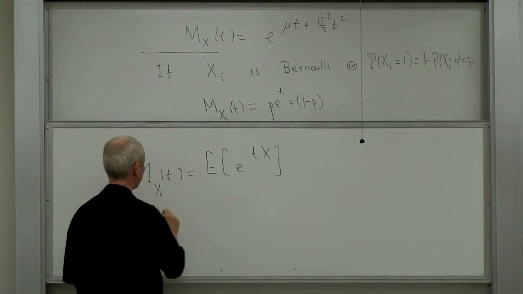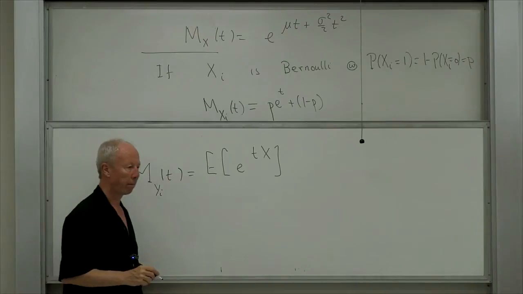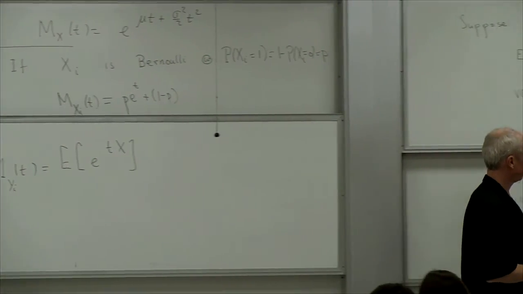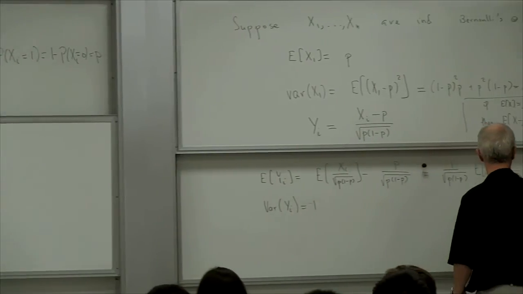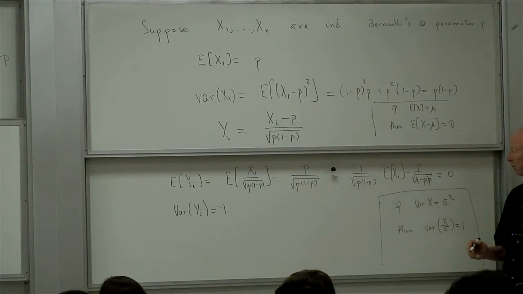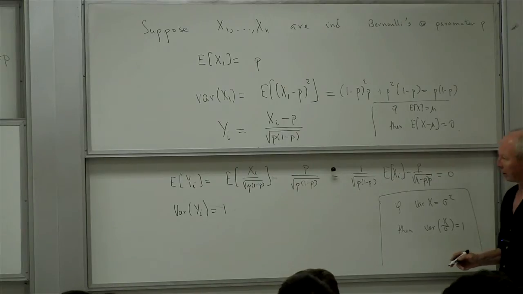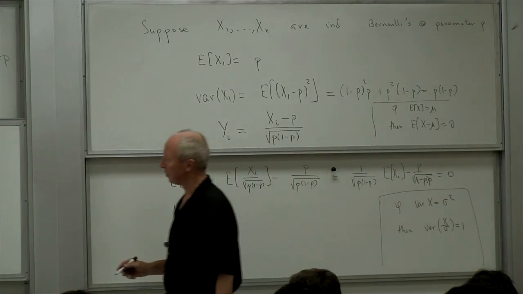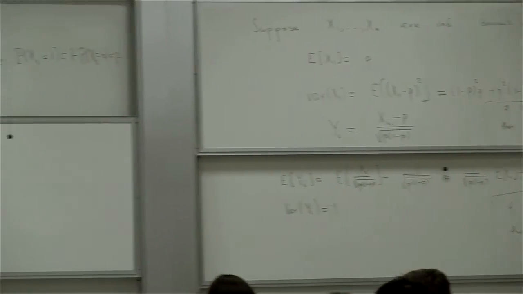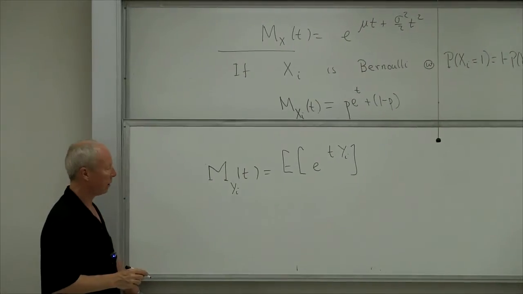Let's see if we can figure out the moment generating function for, yeah, question. For this one, how come it's not 1 over root p times 1 minus p? Oh, there's a misprint. There's a missing p here. Yeah, thanks. Do the expected value of e to the t times Yi.